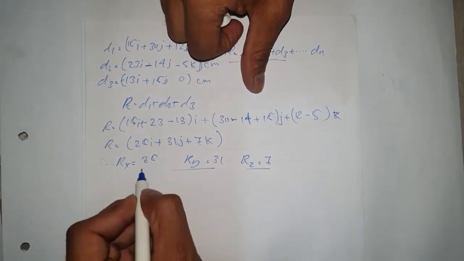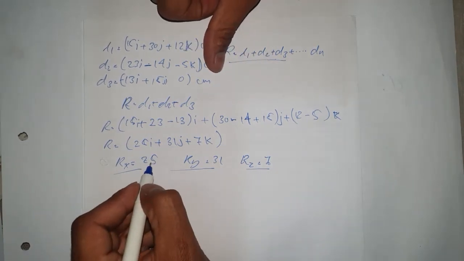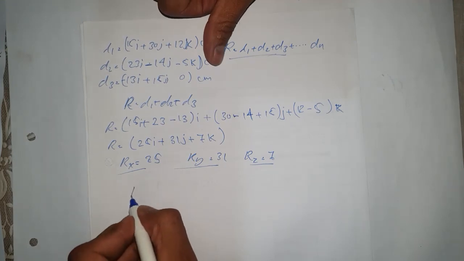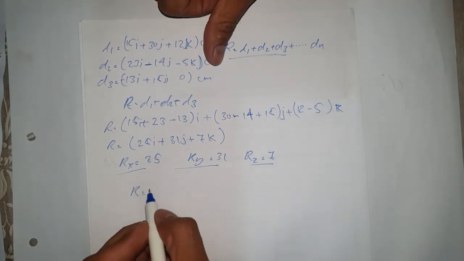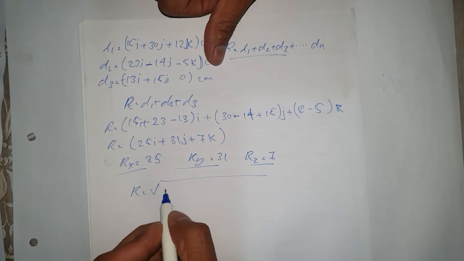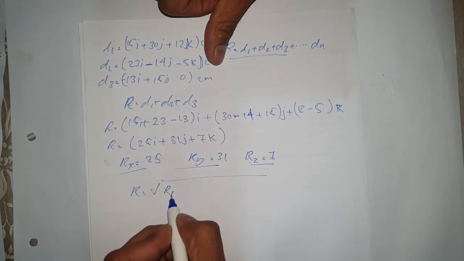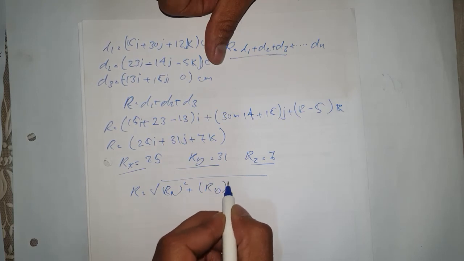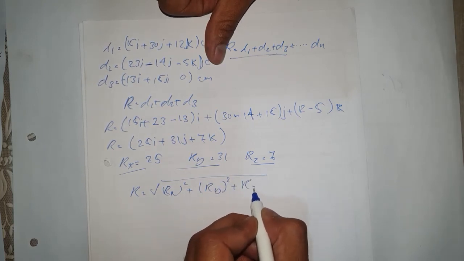This is the displacement for each axis, and now we'll find the magnitude. For the magnitude we have another formula: r is the square root of r x squared plus r y squared plus r z squared.